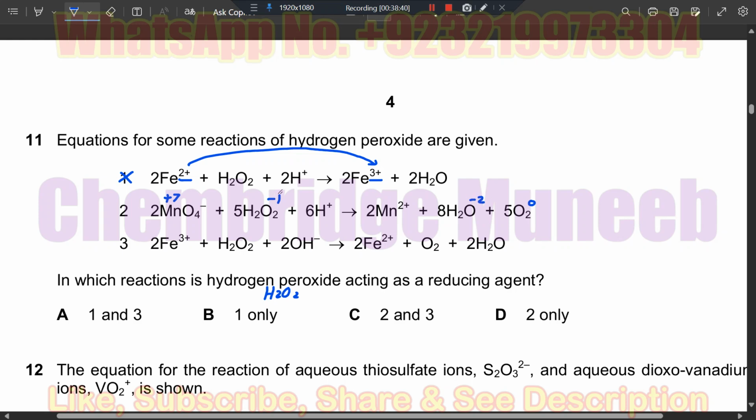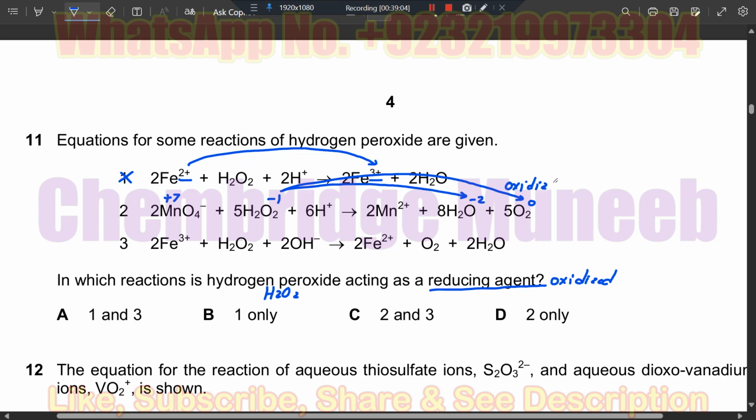Changing from minus 1 to minus 2 is reduction, and from minus 1 to 0 is oxidation. The reducing agent must itself get oxidized. So yes, when H2O2 is converted into O2, it is oxidized here.